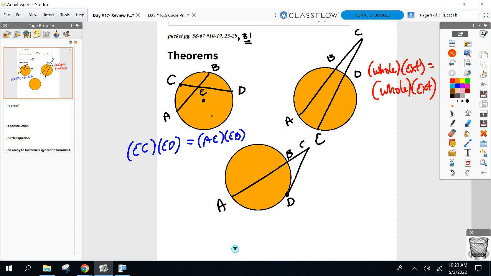Whole times external, right? Whole times external. So CA times the external part CB. And what did we talk about? What do you know about whole times external with the tangent? It's always, what's the whole in the external part of the tangent? Same. So CD squared.